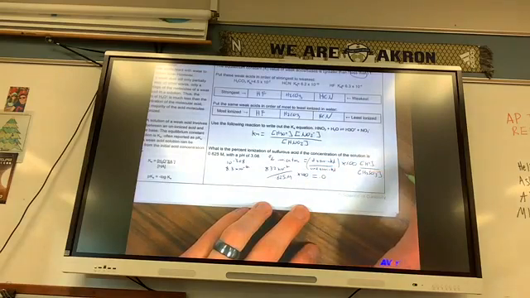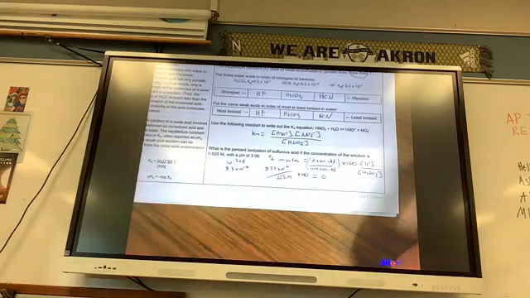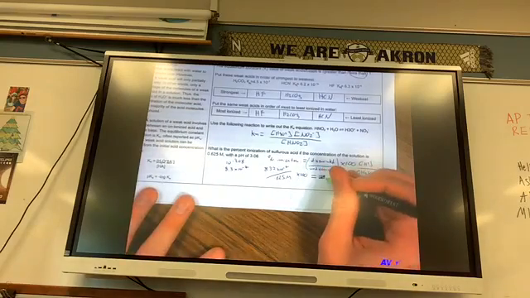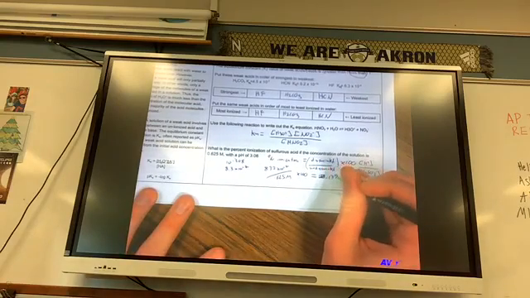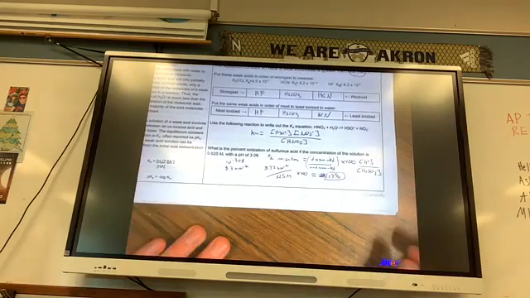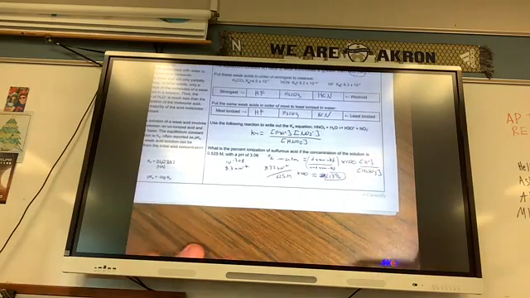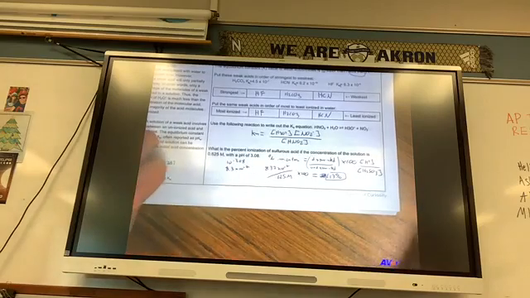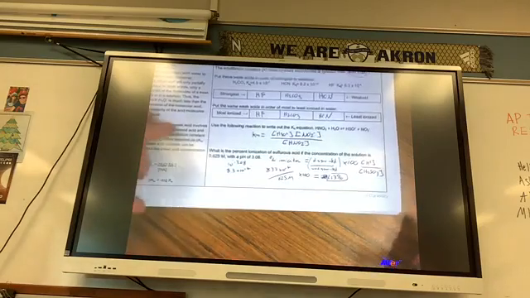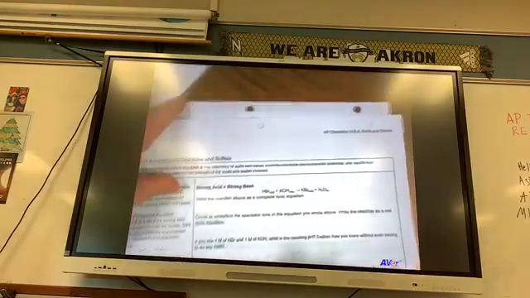Did I get close? Multiply by 100. 0.13. So 0.13%. Okay. Flip it. We're moving into weak acids, which means we're moving into ICE tables.